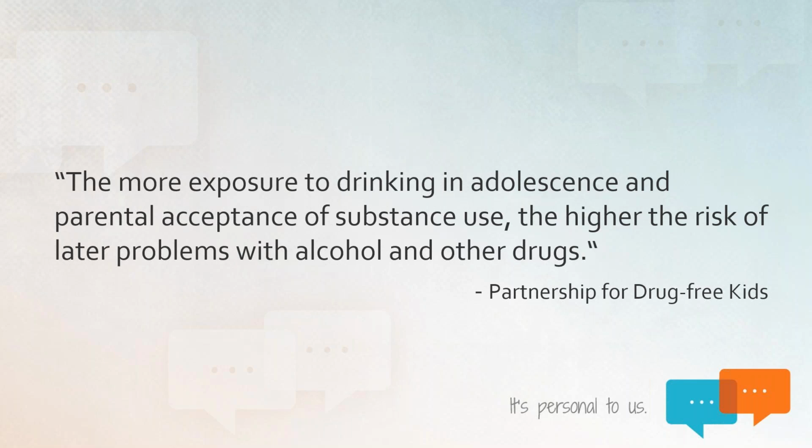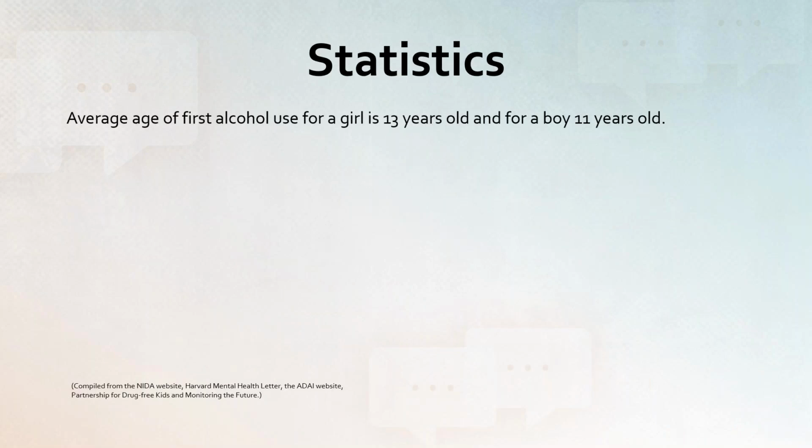So let's take a look at a few statistics when it comes to alcohol usage. The average age for first alcohol usage is 13 for a girl and 11 for a boy. The Academy of Pediatrics stresses that parents should start having conversations about alcohol at around age 9.